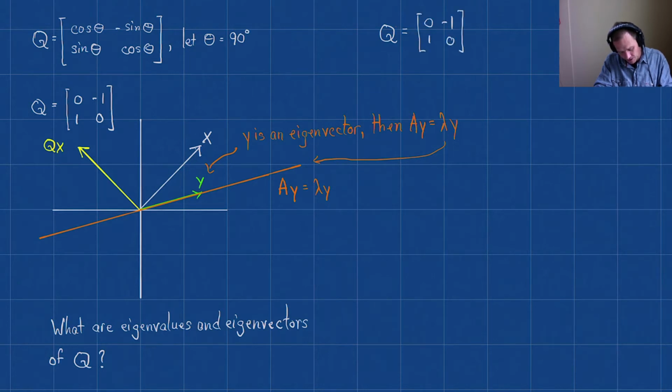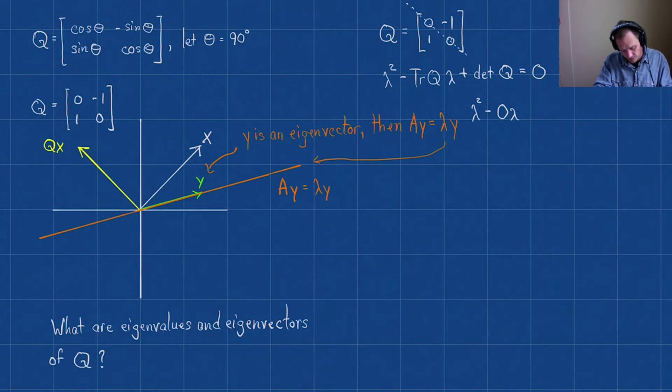Instead of using the determinant method, which we did in our last video, remember that you can also find the eigenvalues by lambda squared minus the trace of Q times lambda plus the determinant of Q equals 0. In this case, the trace is just 0, so that's 0 lambda. Remember, the trace is the sum of the diagonal elements.